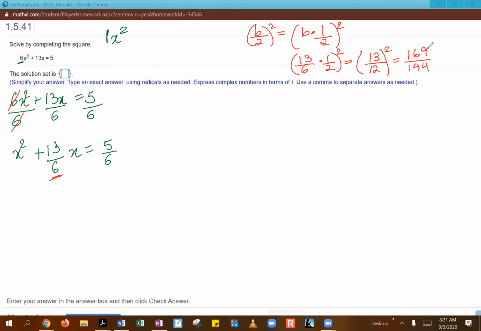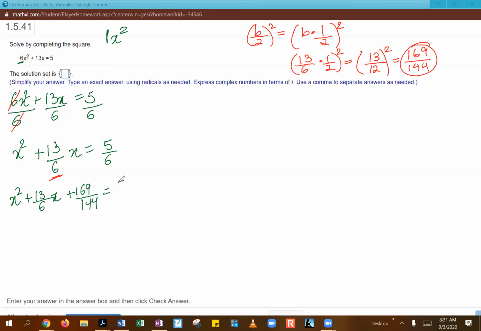So that means we're taking 169 over 144 and adding that to both sides of our equation. On the left-hand side, x squared plus 13 over 6x plus 169 over 144.